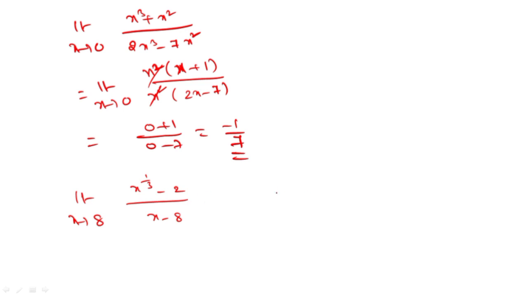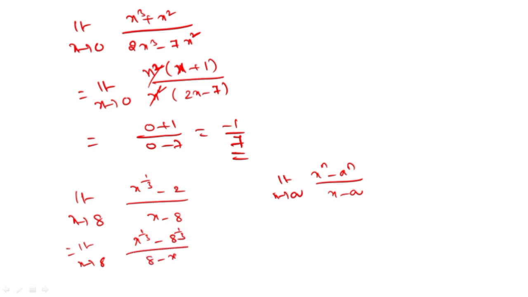We have to use the formula: limit x tends to a of x power n minus a power n by x minus a. So I would like to write 2 as 8 power 1 by 3, giving x power 1 by 3 minus 8 power 1 by 3 by x minus 8.